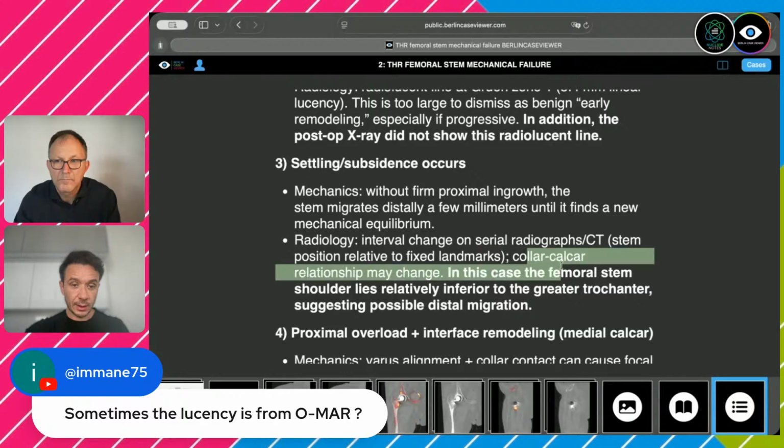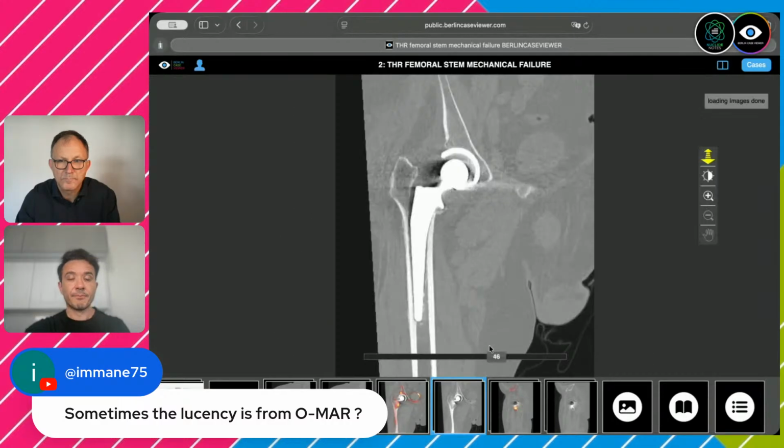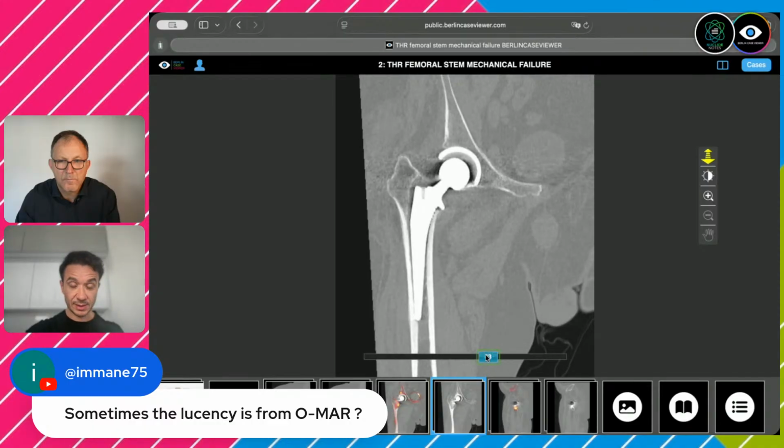The collar-calcar relationship might change in the medial aspect of the proximal part of the femoral stem. In this case, the femoral stem shoulder lies relatively inferior to the greater trochanter, suggesting a possible migration. Now, this is a relative description because we need the previous radiographs to describe if there is a subsidence or not.